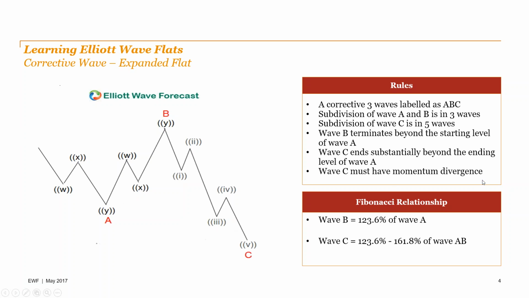And the same as before, C must have momentum divergence. In this expanded flat, the C can extend even beyond 161.8, even though the guideline is between 123.6 and 161.8. In reality, sometimes the C can extend even beyond 161.8. Okay, and let me give you an example here.